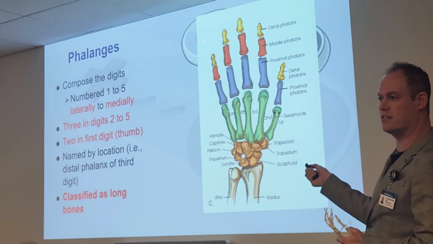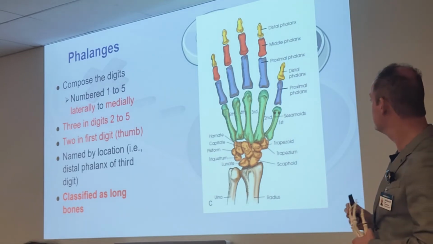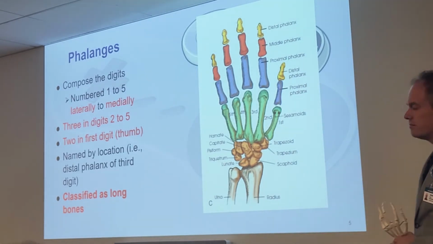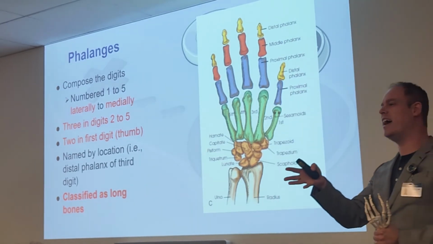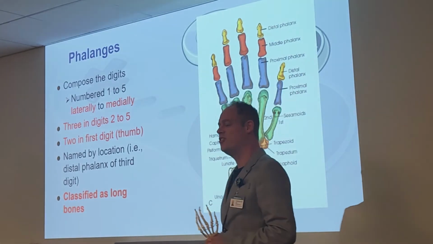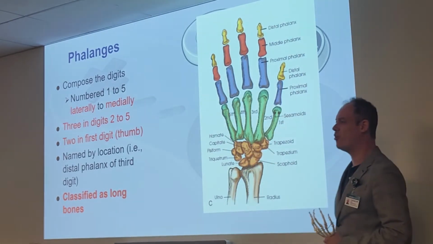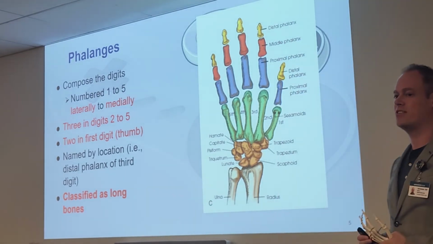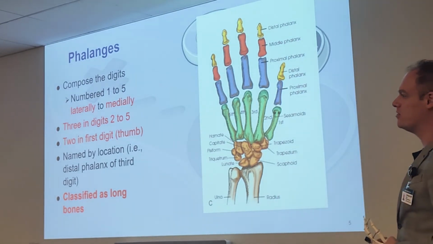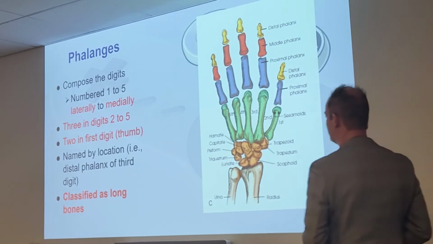So she was talking about the 4 middle phalanx then. Yes, I misheard you. You're correct. Yeah, there are 4 middle phalanges. That's the plural, because the thumb does not have one, only a distal and a proximal. Good observation.